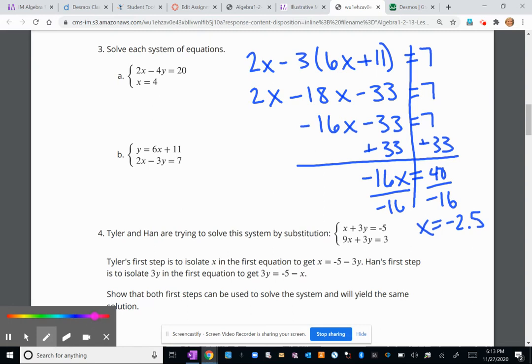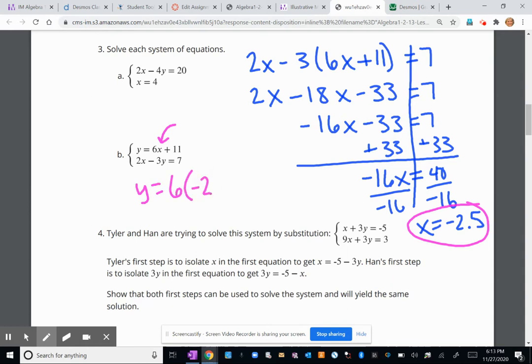And I think I'm going to use it here because then I can just plug it in and find the answer. So I know this is the x value, and then the y value is 6 times the negative 2.5 plus 11. And that is equal to negative 4.